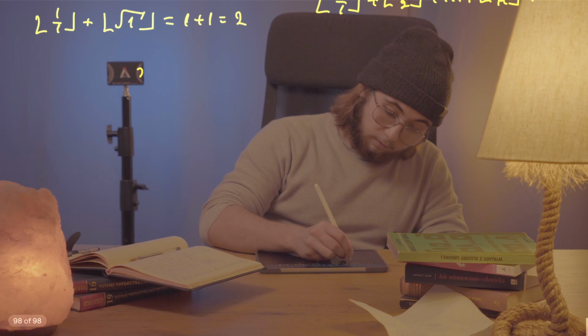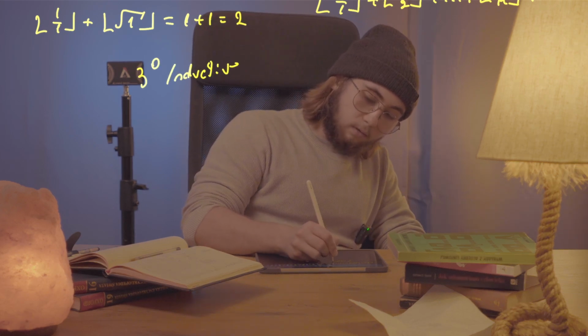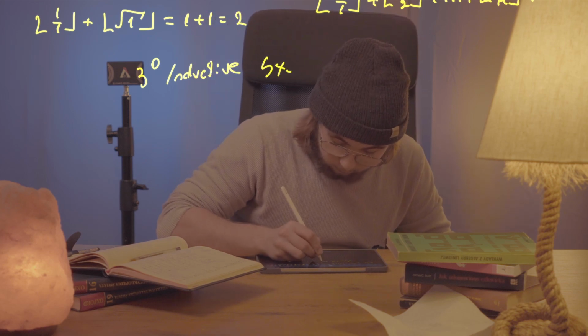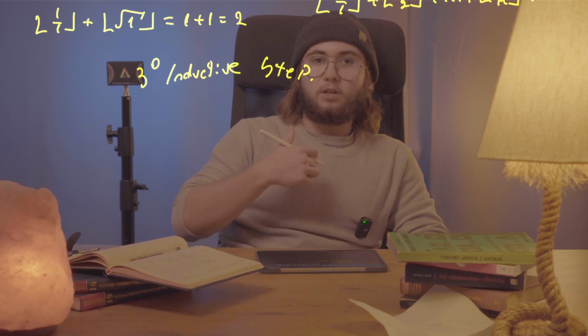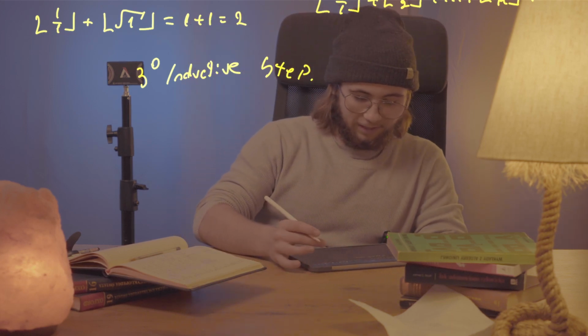So now for the third part, we would like to conduct the inductive step. Yeah, and I'm leaning back in my chair. It's quite hard for me to write things in a straight line, honestly.